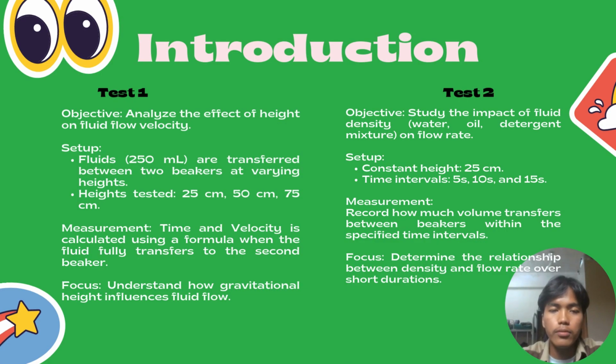Now we continue to the next introduction. In this experiment, we have two tests, test 1 and test 2. In test 1, we analyze the effect of height on flow velocity.